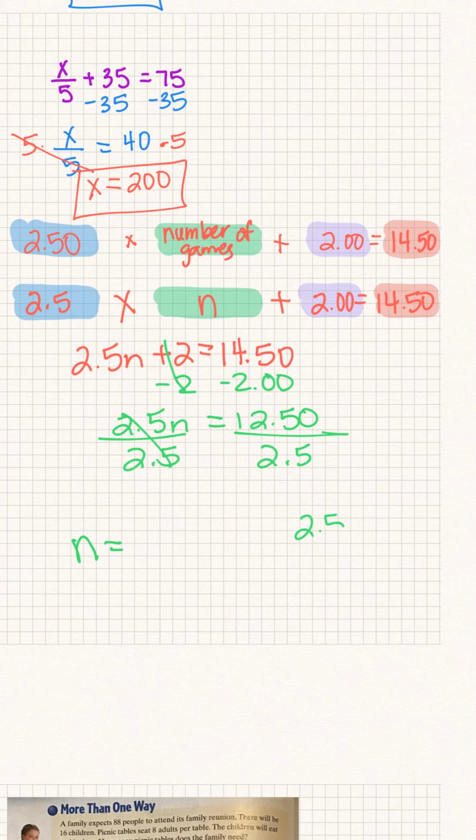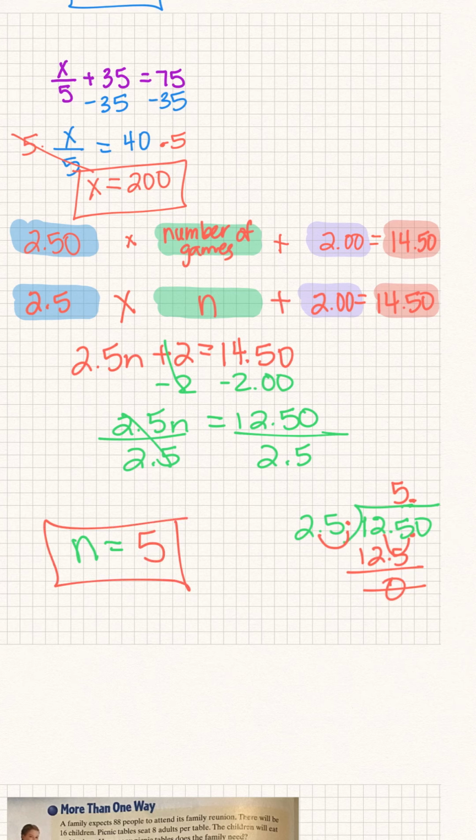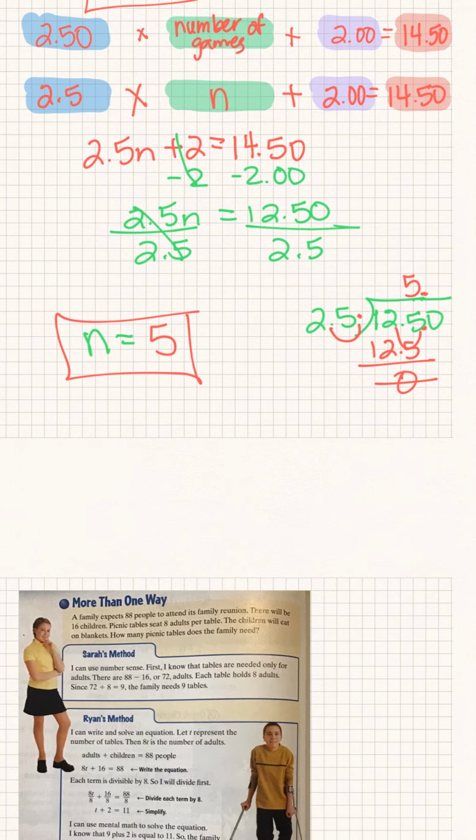We have 2.50 divided into 12.50. Move the decimal point over. 25 into 125 is going to be 5. Here's our decimal point, so we don't need to go any farther. n equals 5. Therefore, we bowl 5 games.